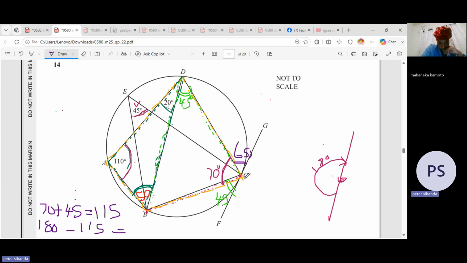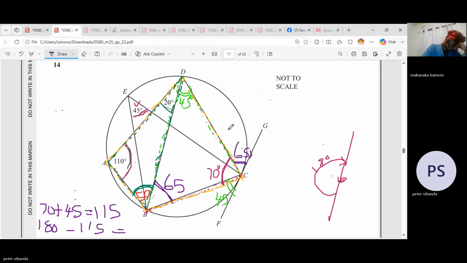And this chord CD is actually subtending an angle here. Can you see that? Because it's an angle formed by a line coming from C and a line coming from D. So chord CD is subtending an angle there. And since the theorem says they are equal, this is also 65. Okay? Yes.